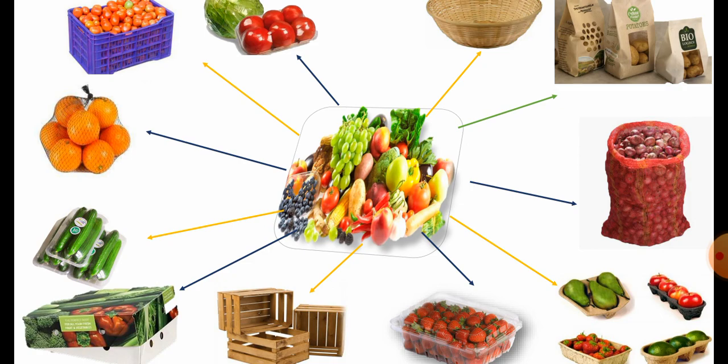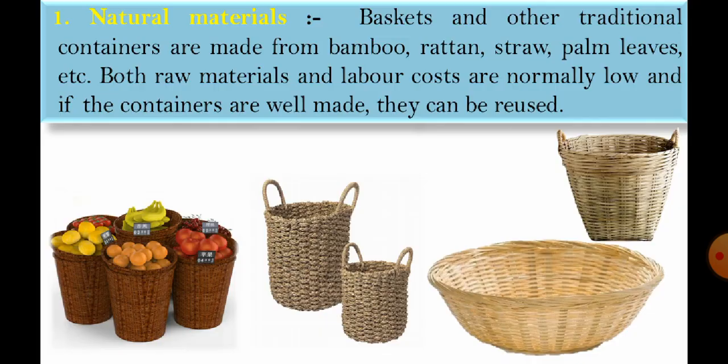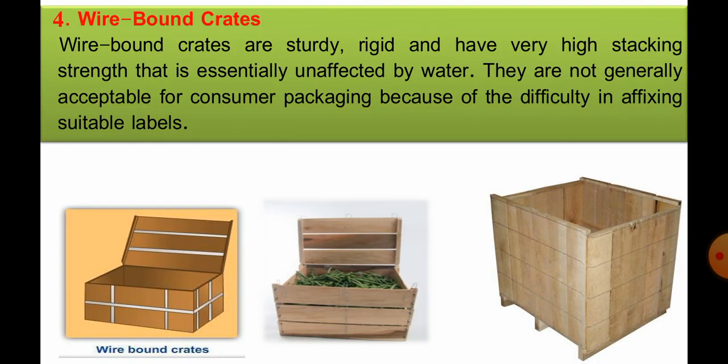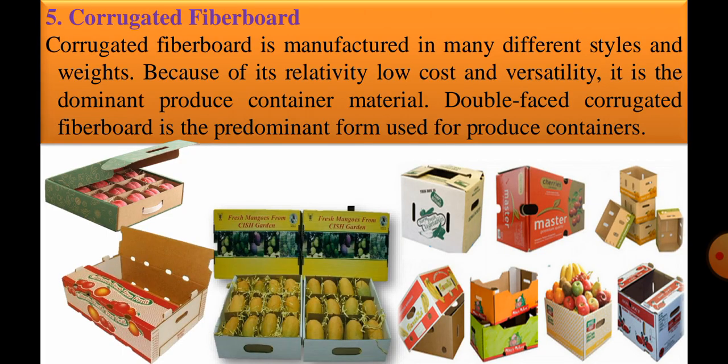In the previous lecture we discussed the introduction to packaging material, the definition of packaging material, what the different packaging materials used are, what the selection criteria are, and what the benefits of packaging material are. We also discussed natural material, natural and synthetic fibers, wooden boxes, wire bound crates, and corrugated fiber board boxes.